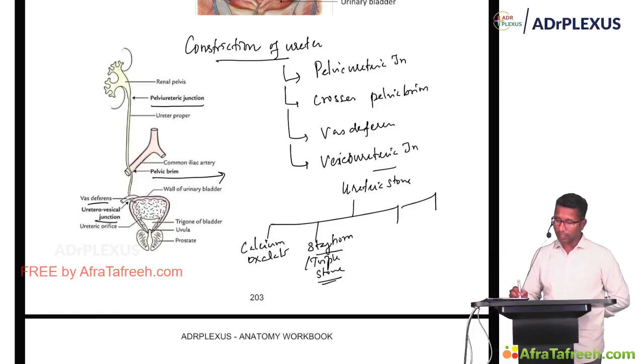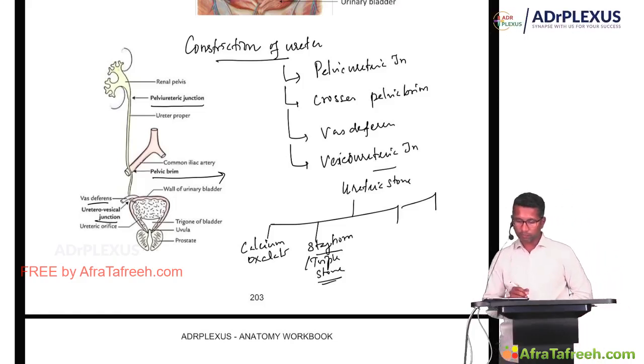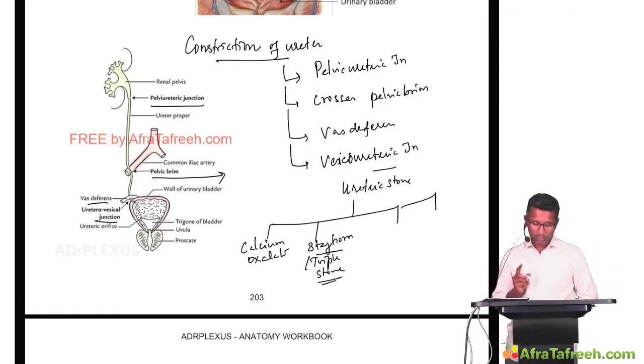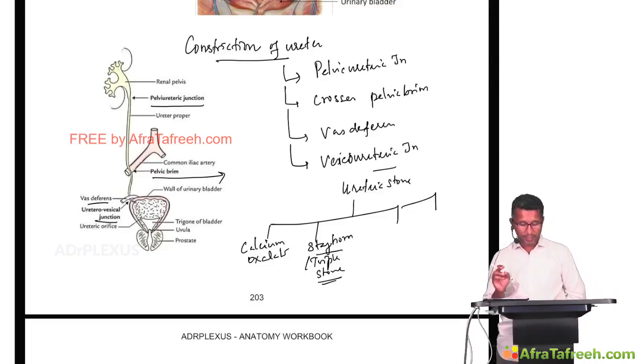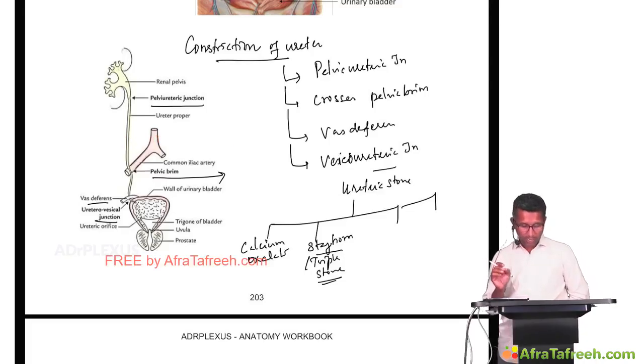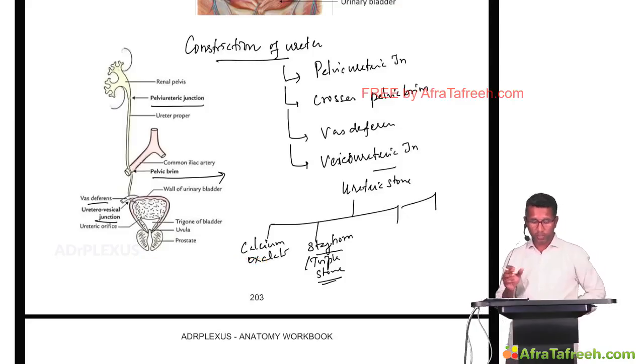Those are the three minerals seen in stag-horn calculi. It is not calcium. Calcium oxalate stones have calcium and oxalic acid, whereas stag-horn calculi or triple stones have ammonium, magnesium and phosphate. Very good, guys.